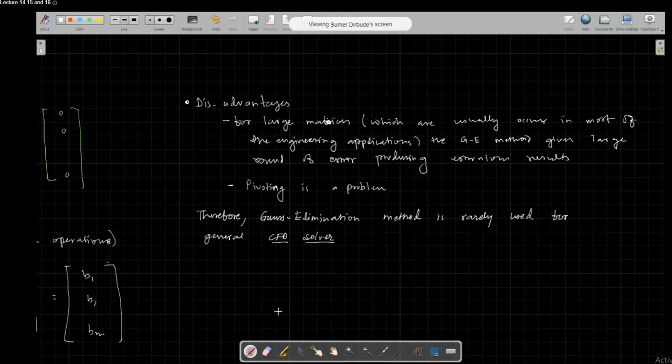Most of the time, Gauss elimination methods are not used, and to get around this, iterative methods are preferred.